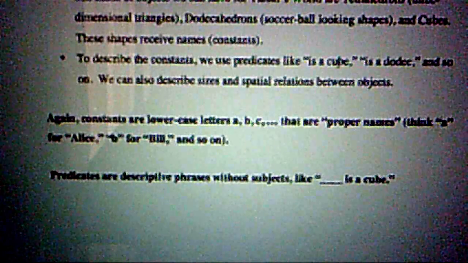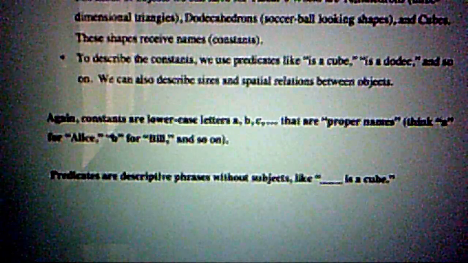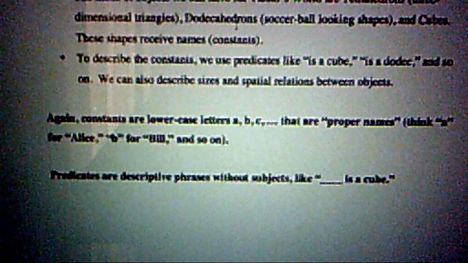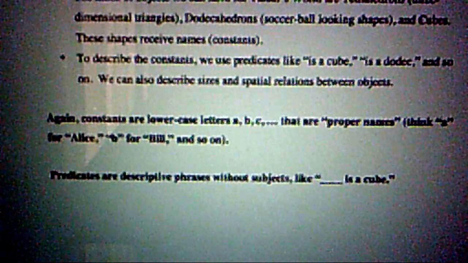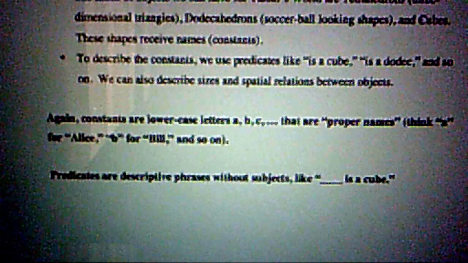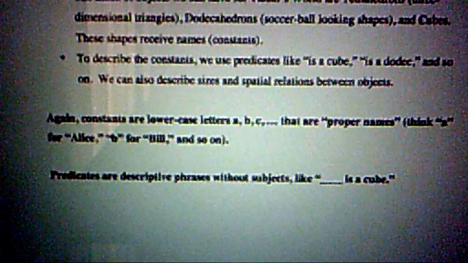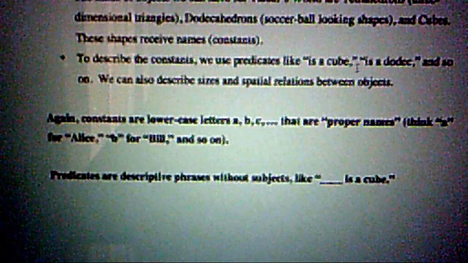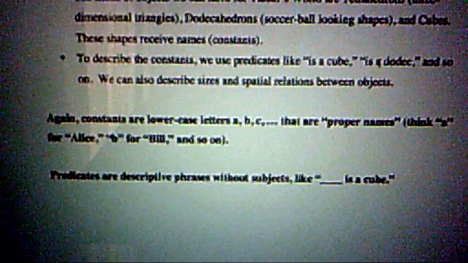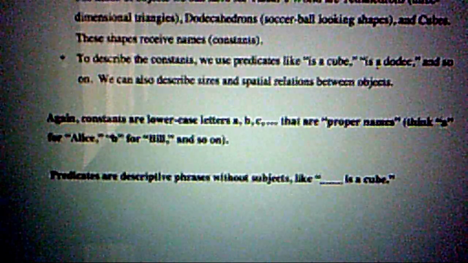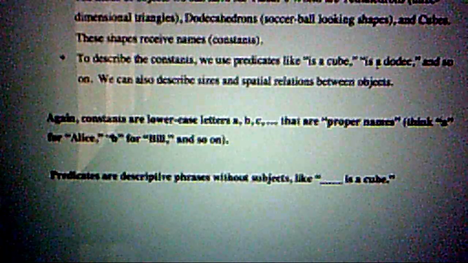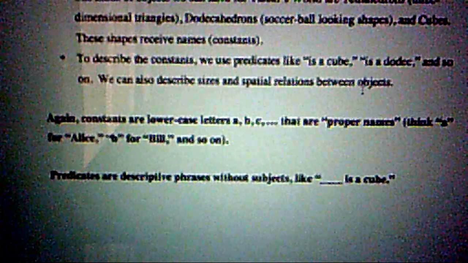If you remember from last lecture, we have tetrahedrons, three-dimensional triangles, dodecahedrons, or dodecs, soccer ball looking things, and cubes. These are some of the predicates. The descriptors in these cases would be like, is a cube, is a dodec, and so on. We can also talk about sizes and relations. We can say is large, is small, is to the left of, is between, and so forth.